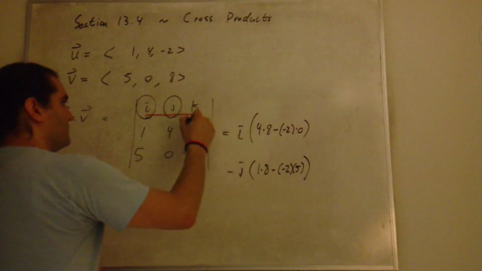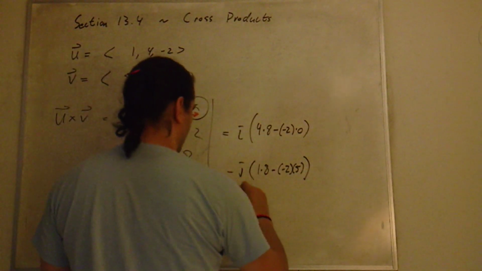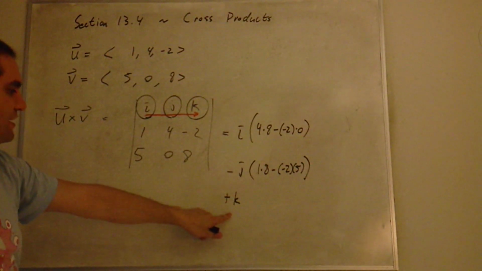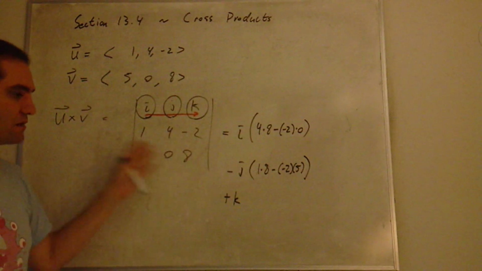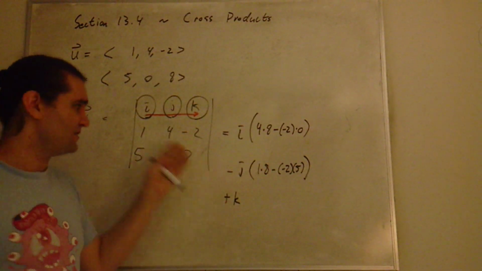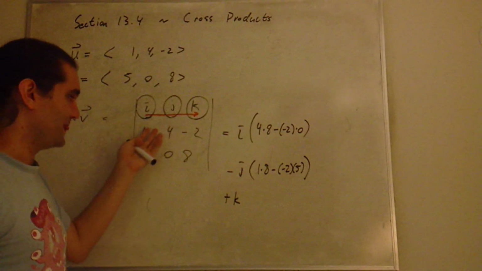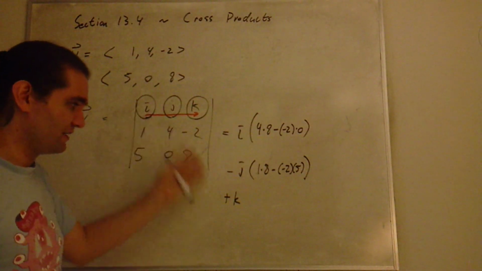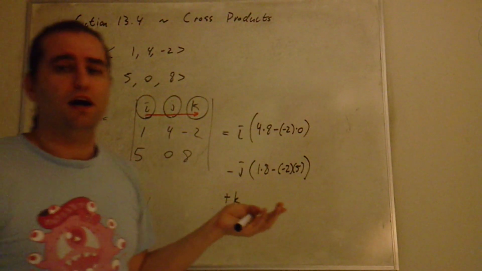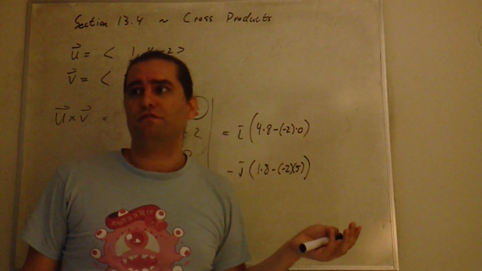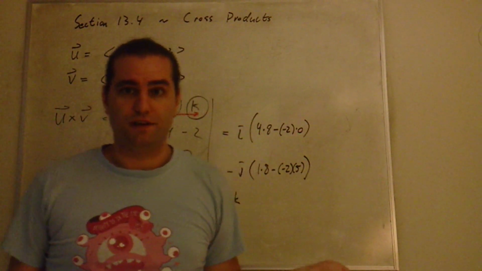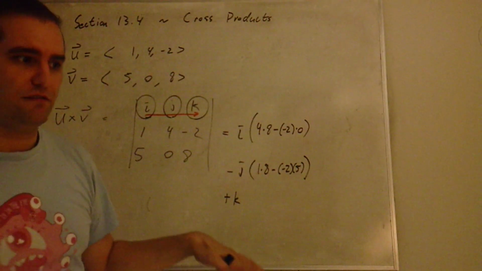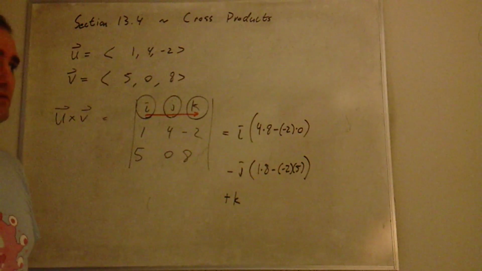And then for k, we do something similar. For k, we go back to plus. So I is positive, j is negative, k is positive when we do a cross product like this. The reasons for that come from the nature of taking the determinant of a matrix like this and the rules of finding the determinant. I could probably talk for 40 minutes about finding determinants very easily, but you don't actually need any of that context or information for this.